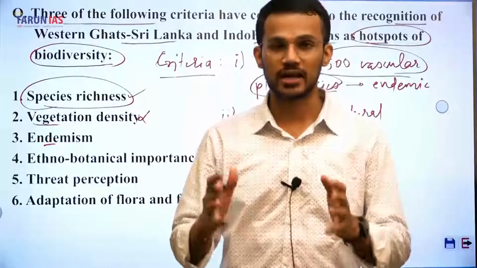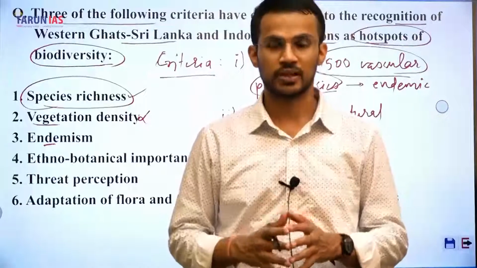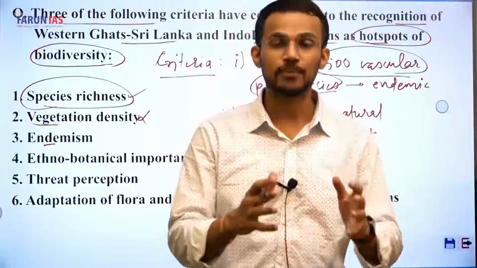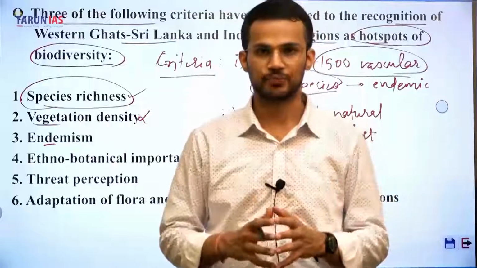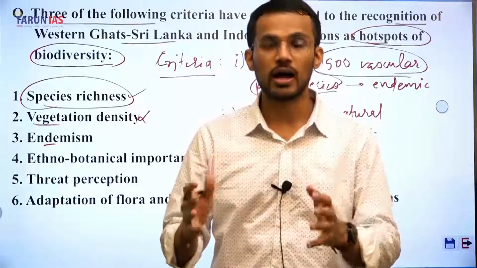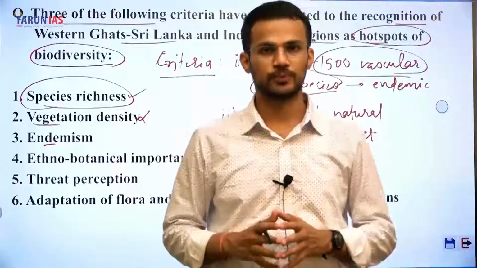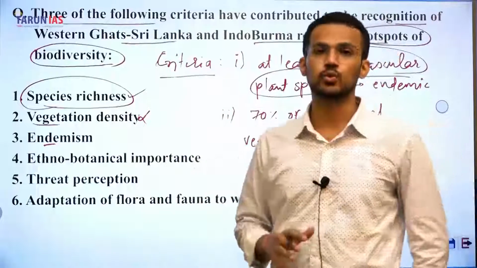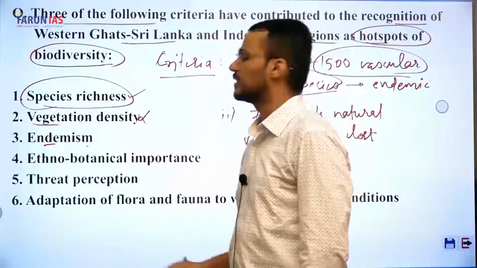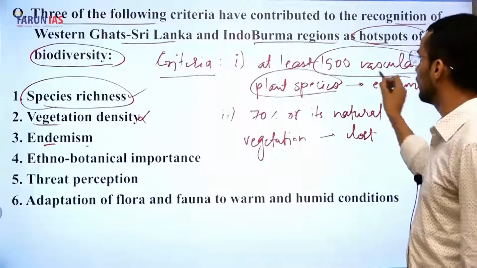Asiatic lions occur in the Gir forest of Gujarat, and that's why we can say that Asiatic lions are endemic to Gir forest, because Asiatic lions are not found in other locations of India naturally, and that's why they are endemic to Gir forest, right?